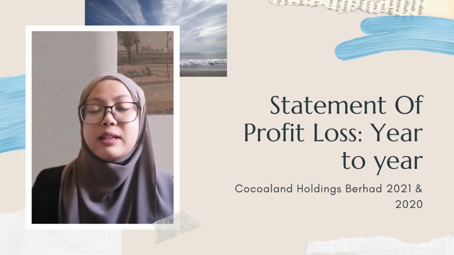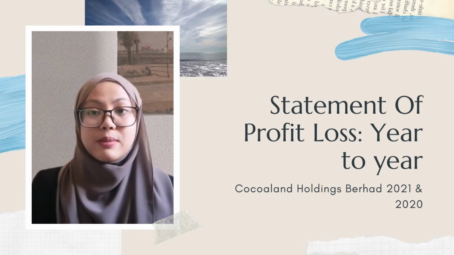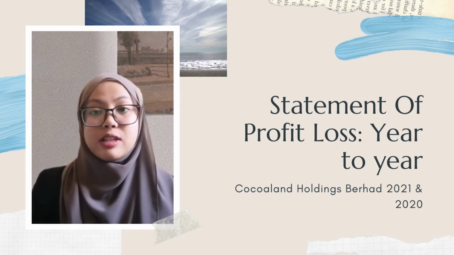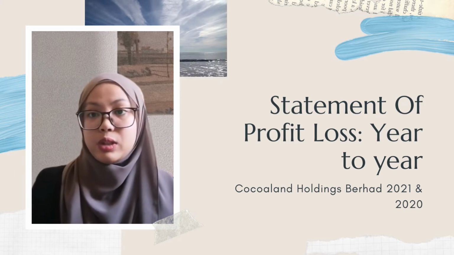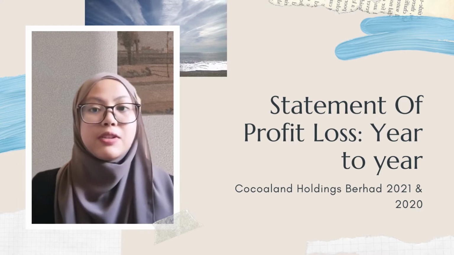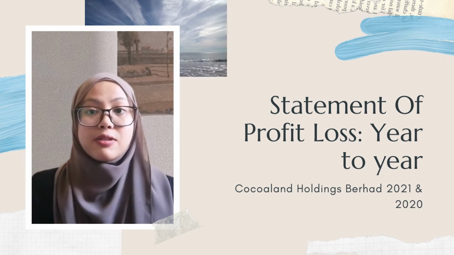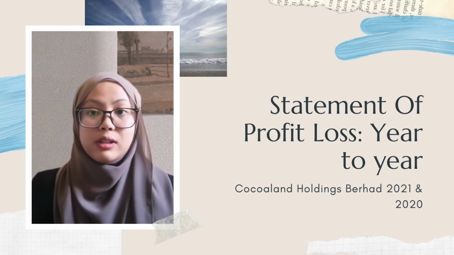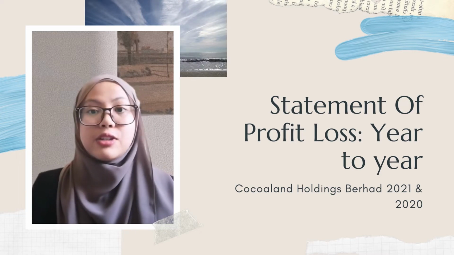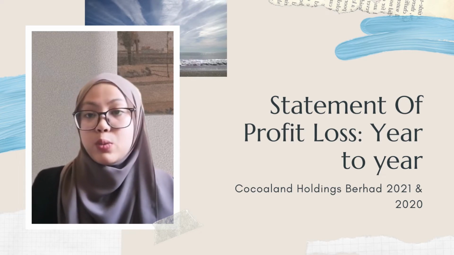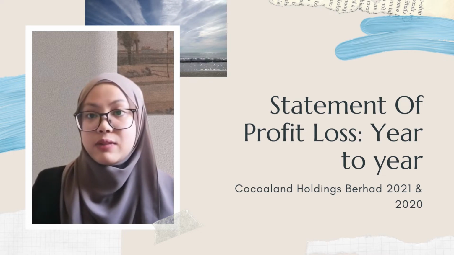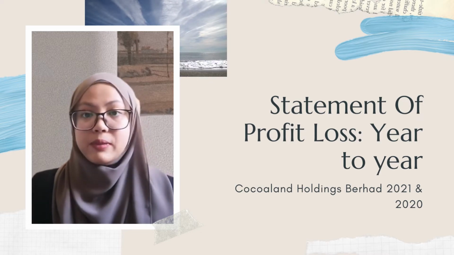As it shows in the table, the revenue of Cocoaland Holdings Berhad decreased by 5,946,758 in 2021, and it decreased more by RM37,819,898 during 2020 over 2019, followed by the cost of sales, which decreased for both years, 2021 and 2020, by 3.95% and 10.17% respectively.